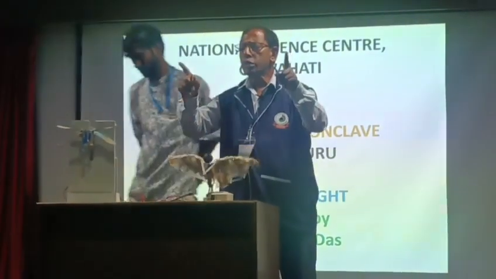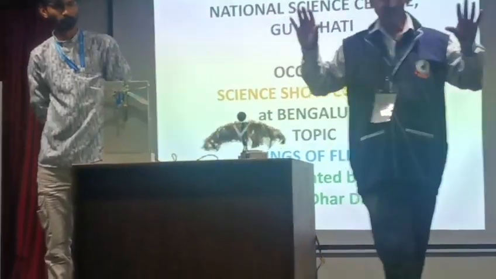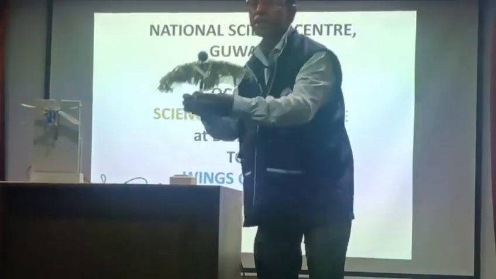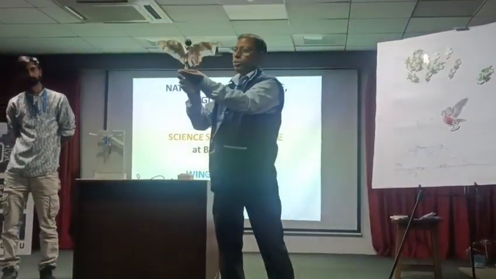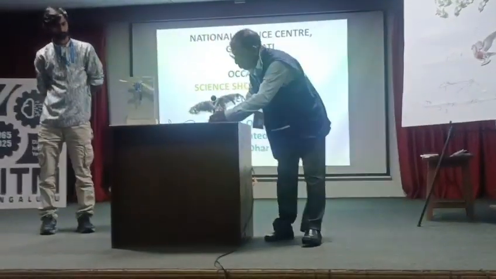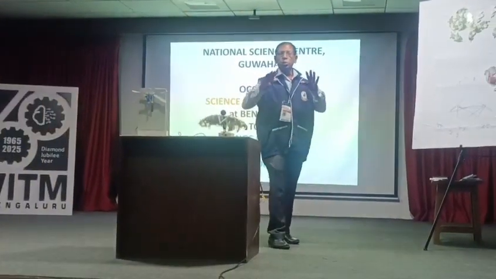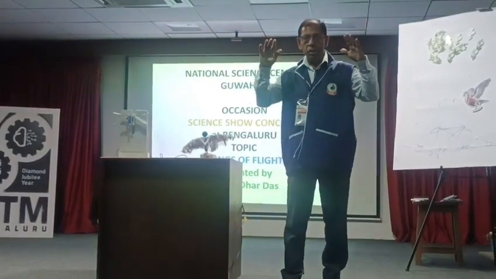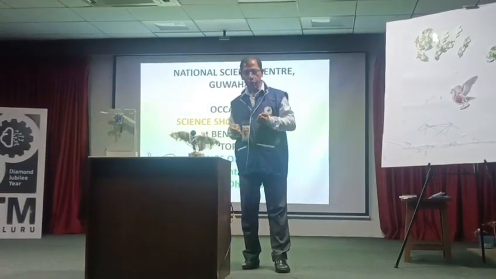These two powerful muscles help these birds to flap their wings. Here I am unable to show the muscle actually, but these two structures represent such a condition. So this is one important advantage of the birds, that birds can fly for many hours with the help of the wing, with the help of these supracoracoideus and pectoralis muscles.